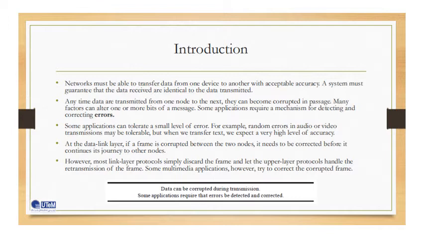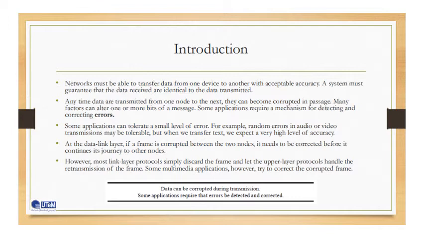At the data link layer, if a frame is corrupted between two nodes, it needs to be corrected before it continues its journey to the others. However, most link layer protocols simply discard the frame and let the upper layer protocol handle the retransmission of the frame.